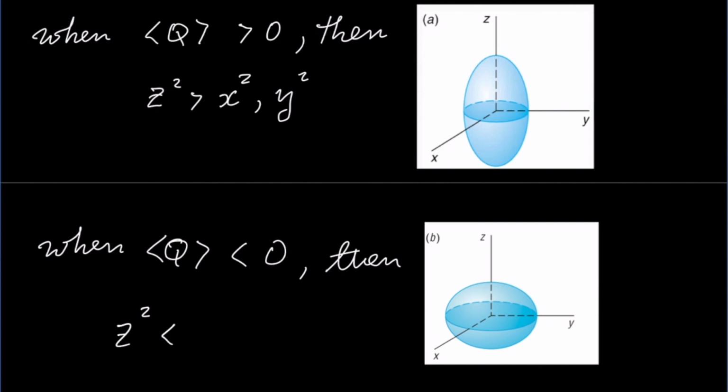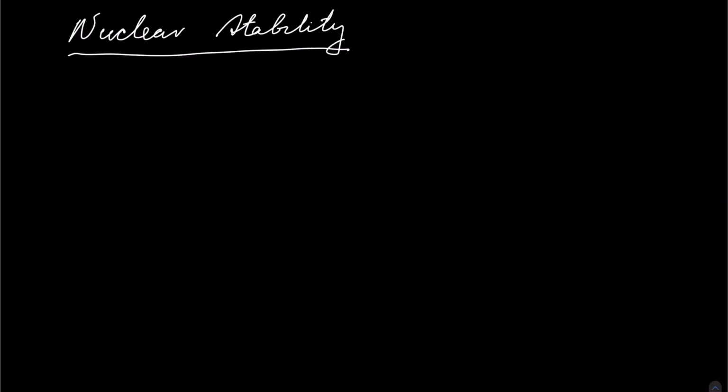And when the average quadrupole moment is less than 0, then the nucleus will be shaped like a flattened pumpkin. And then, of course, for most atoms, the nucleus will be spherical, meaning that z squared will be equal to x squared equal to y squared.